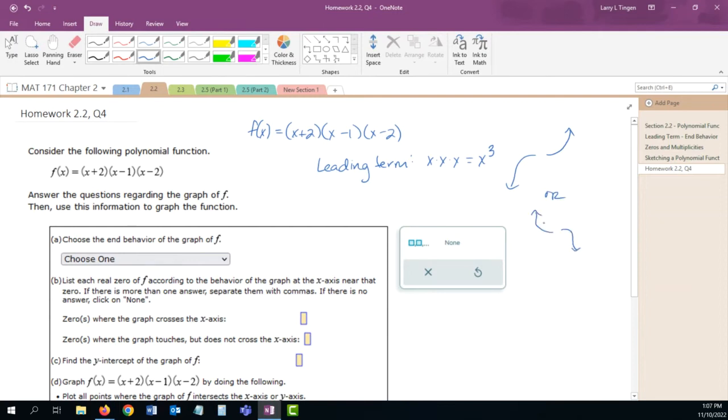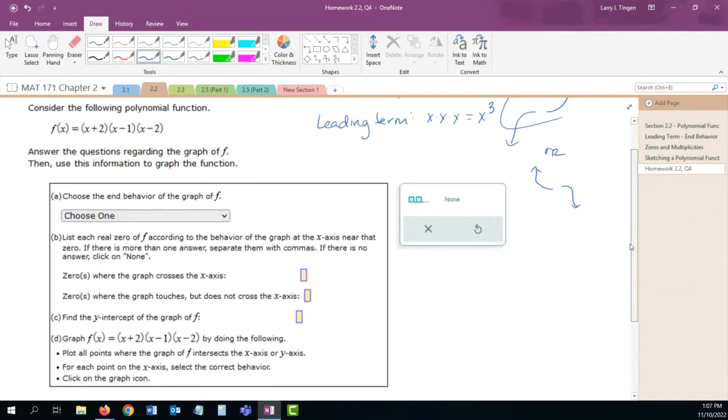Okay, what controls the end behavior? It's the sign of that leading term. Leading term is positive, so that means as I go toward positive numbers, I get more positive. As I go toward negative numbers, I get more negative. So there's my end behavior.